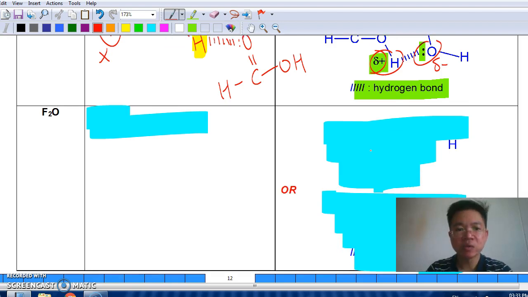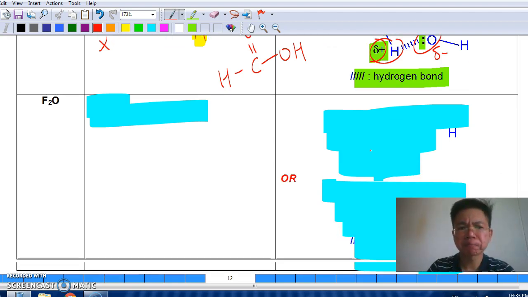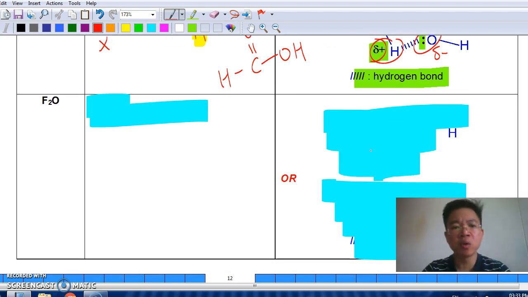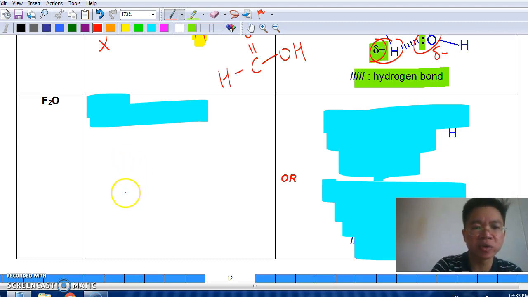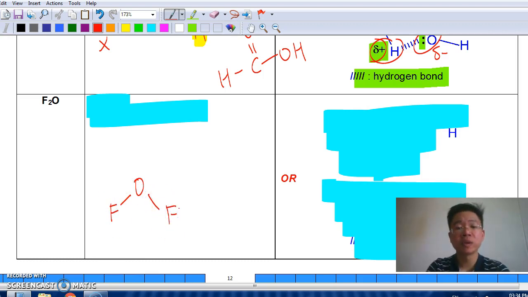Okay, the next molecule, F2O. Okay, do not mix up F2O with FO2, which we discussed in question 7. Okay, F2O has a structure that's quite similar to H2O.